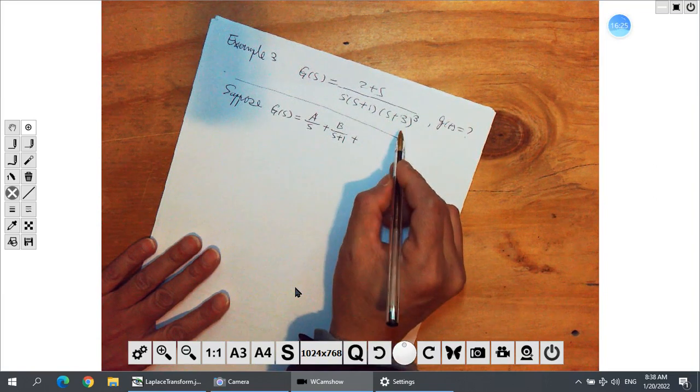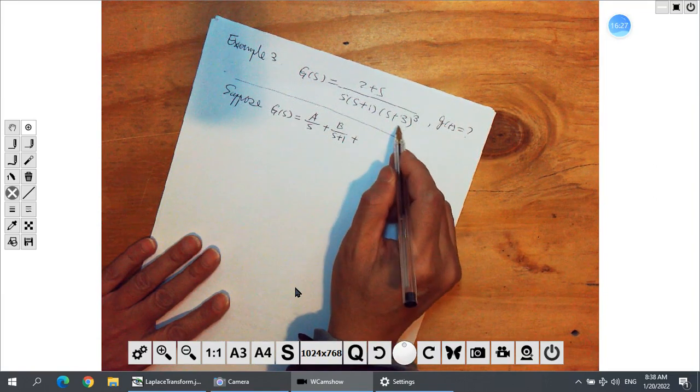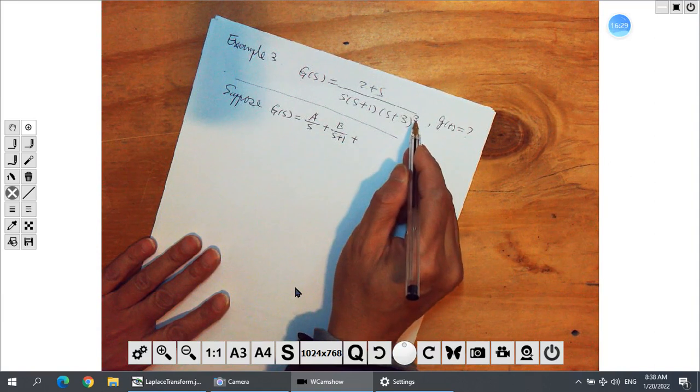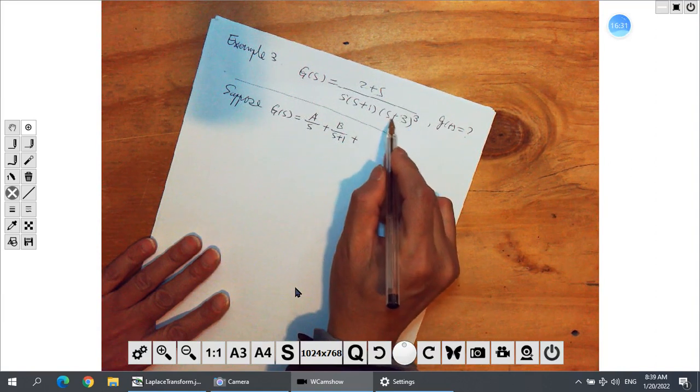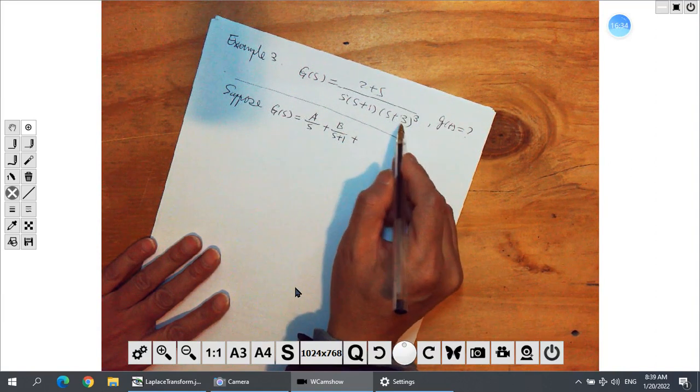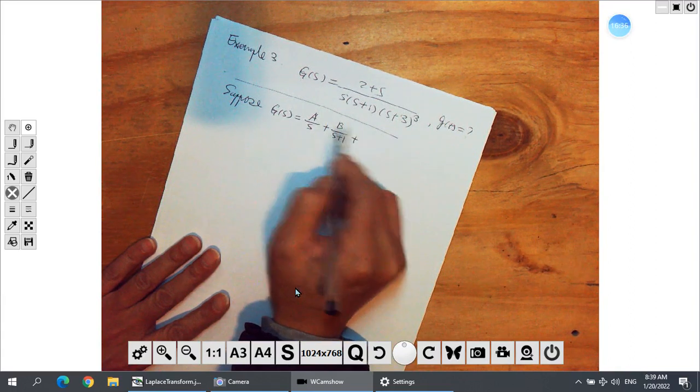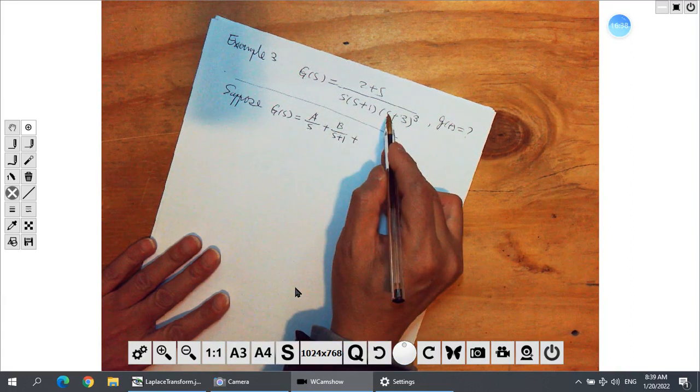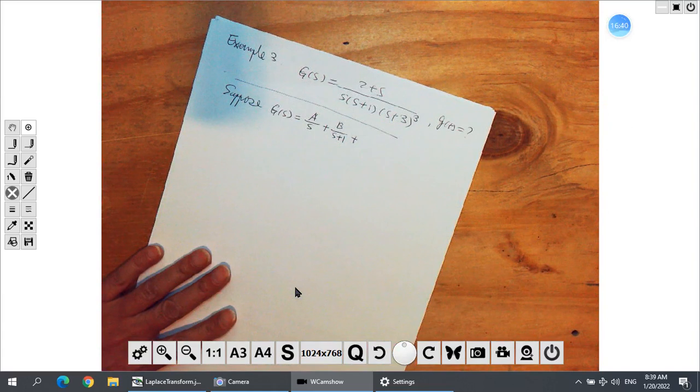Then how many terms do you need? You need 3 terms for these, not just 1 term. Each factor of s plus 3 gives 1 term, so with 3 factors you need 3 terms.